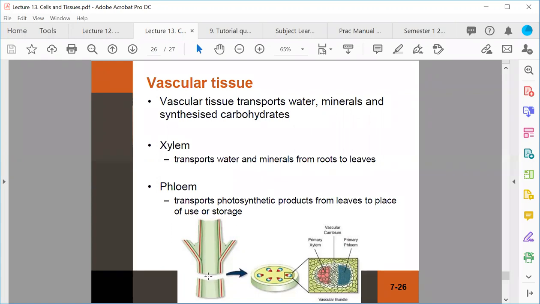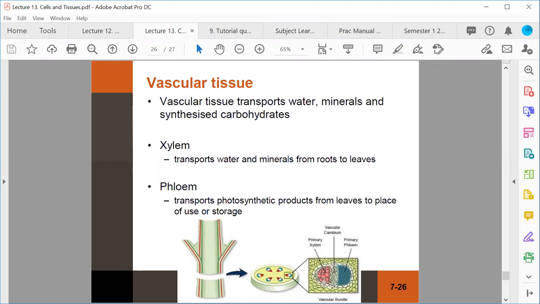If we cut a section through that stem, here it is, we can see the inside of the stem. We can see these little coloured regions, which are referred to as vascular bundles. If we take one of these vascular bundles and enlarge it, we can see the vascular tissue within.